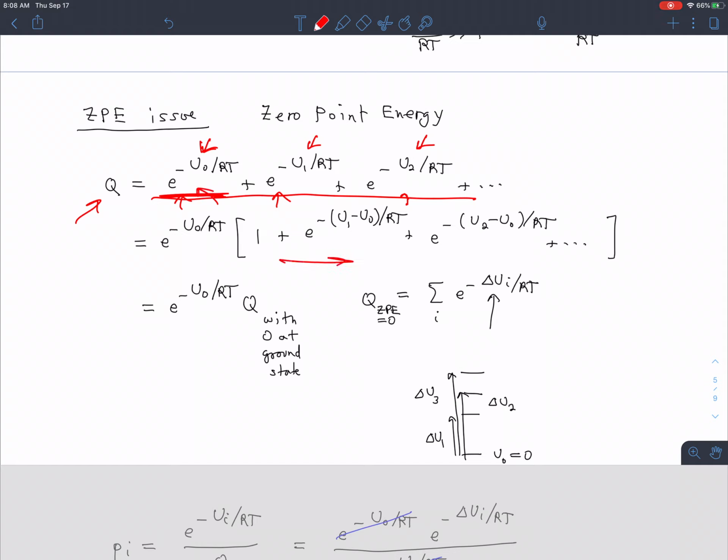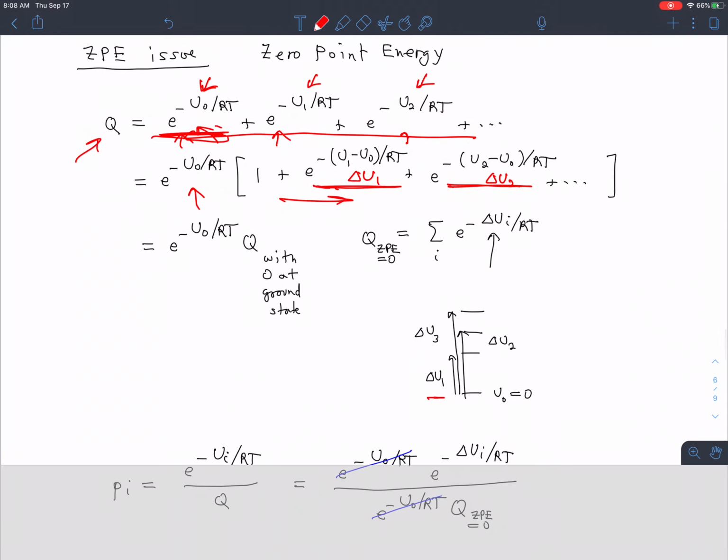So that's what I've done here. I've taken this first term and factored it out, and that means that the second term, the third term, and higher order terms become energy differences, right? This is delta U1 and this is delta U2. It's the difference in energy from the ground state. So it's the energy difference from the ground state that appears in the exponential factors rather than the absolute energy U1 or U2.